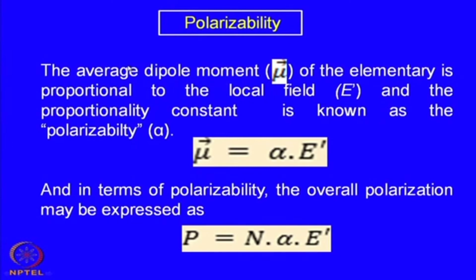Okay. So, the average dipole moment mu bar of the elementary particle or the elementary dipole is proportional to the local field E prime, which we have just discussed, and the proportionality constant is known as the polarizability, or alpha.